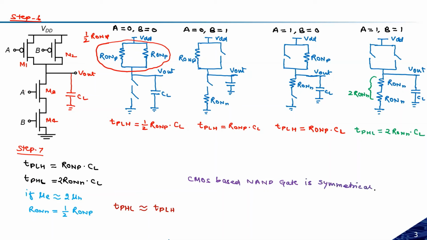One more question: you know that the universal gates are the NAND gate and the NOR gate, right? Do you know these things? It means you can design any other gates by considering the NAND gate or NOR gate. But when I explain the NOR gate, you will get to know that this is not true in the case of CMOS based logic.